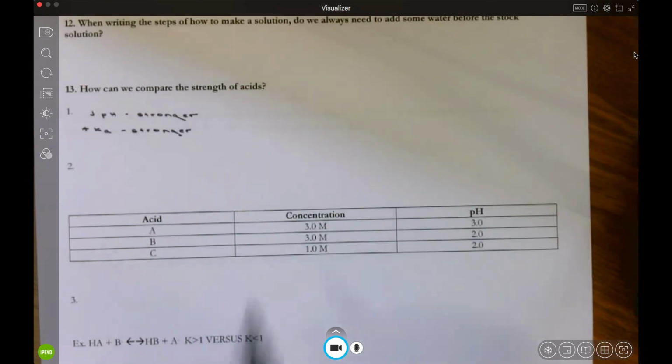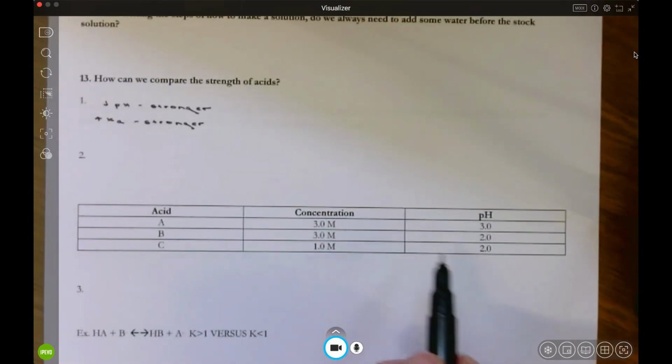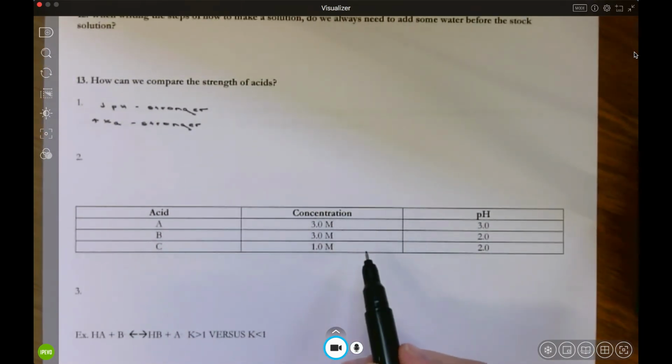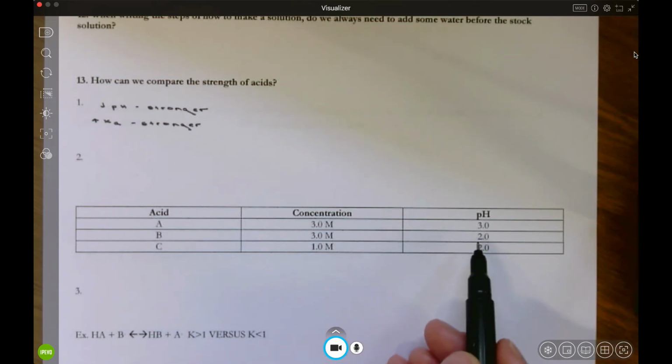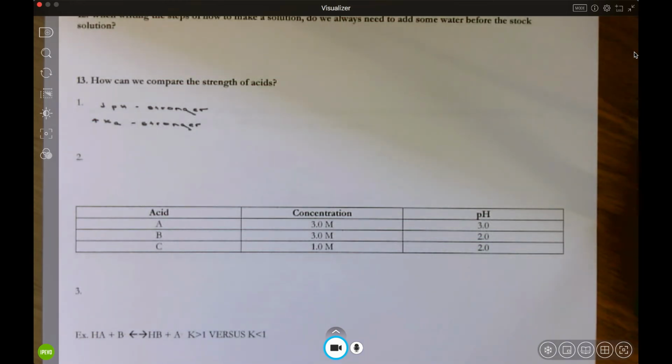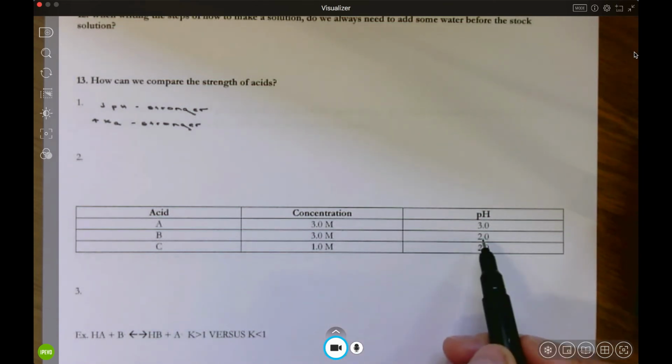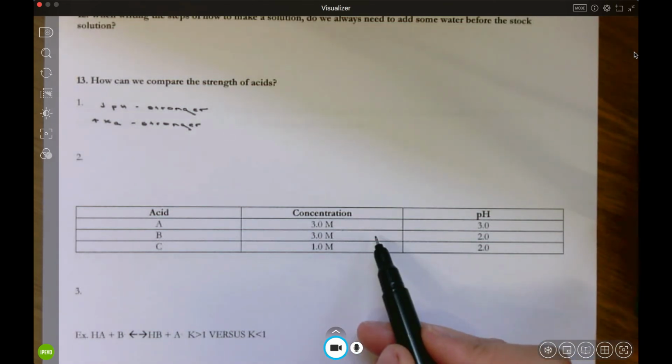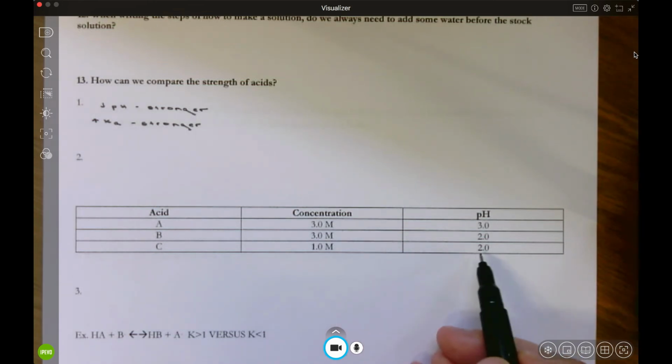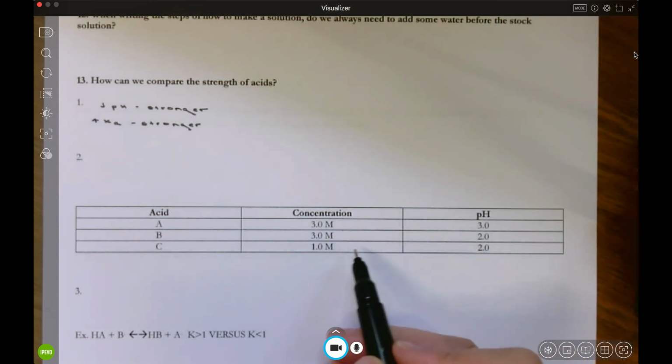So if you look at the table here, I give you 3 different acids. And so obviously, looking here, acid B is going to be stronger than acid A because they have the same concentration, but the pH of acid B is lower. So that tells me it's a stronger acid. But what about for B versus C? They have the same pH. Well, if you think about it, in order for B to have a pH of 2, I need 3 molar of it. While for C, in order for it to have the same pH, you only need 1 molar of it.